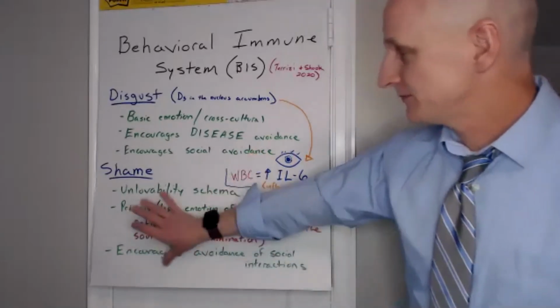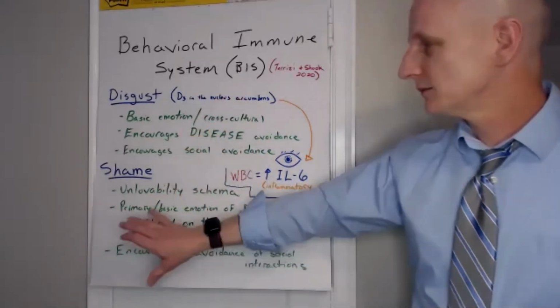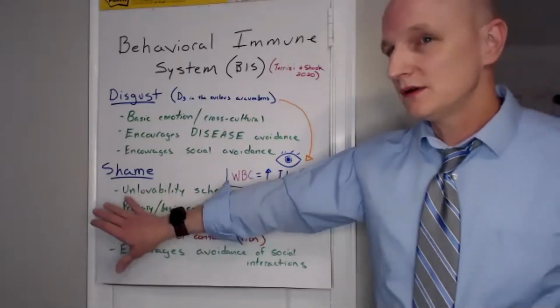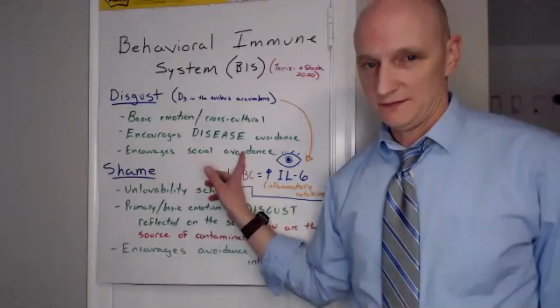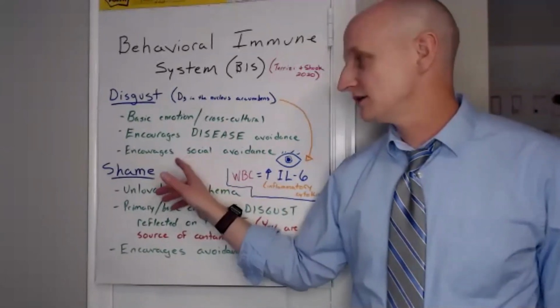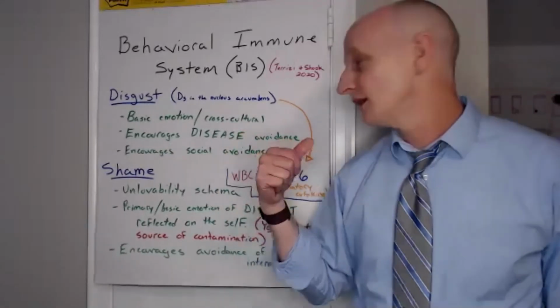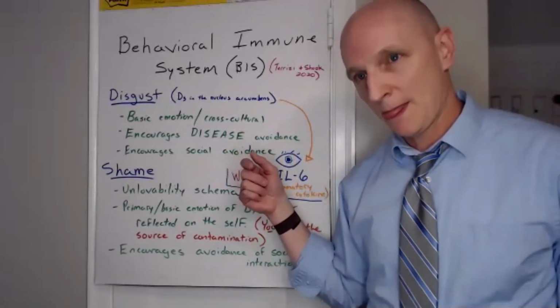But in the DSM-5, they use the word guilt, but I think it will be replaced with the word shame. Because guilt, interestingly enough, is the exact opposite. It encourages social cohesion and what they call approach behaviors.